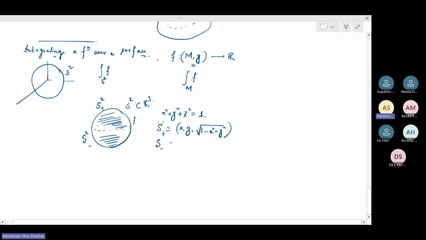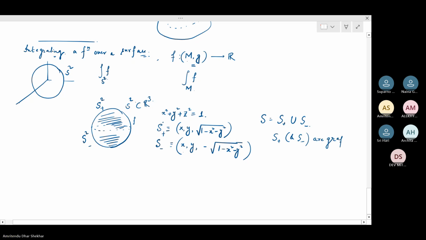S minus is basically x, y, minus the square root of 1 minus x squared minus y squared. So what you have done is that you have written the sphere as a union of S plus and S minus. But the thing with S plus and S minus is that they are graphs of a function from R2 to R3.